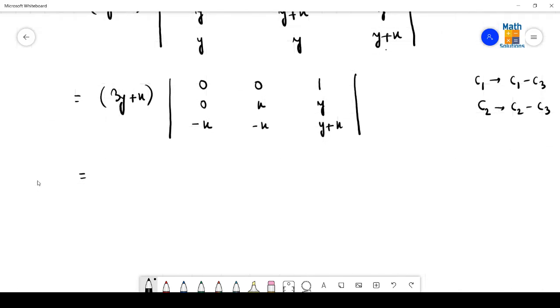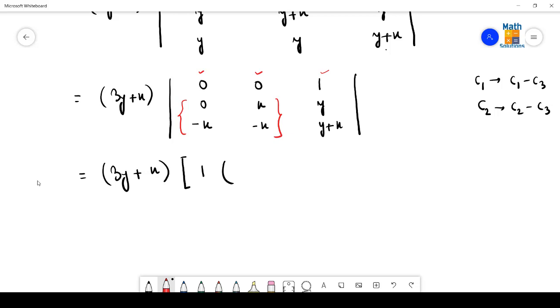Since R1 contains the maximum number of zeros, we can expand along the first row. Expanding along the first row, 1 gets multiplied with the determinant of these four terms, because the rest of the terms automatically turn 0. Only this one is left, which is valid.